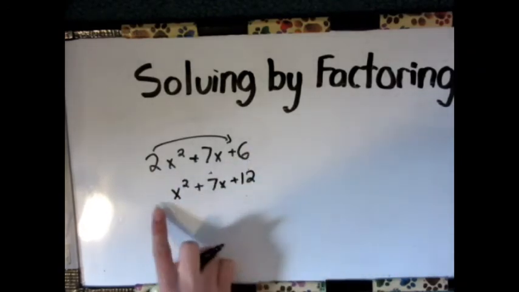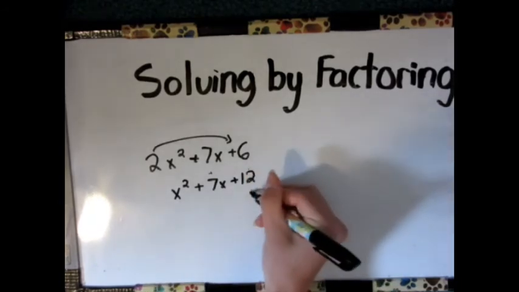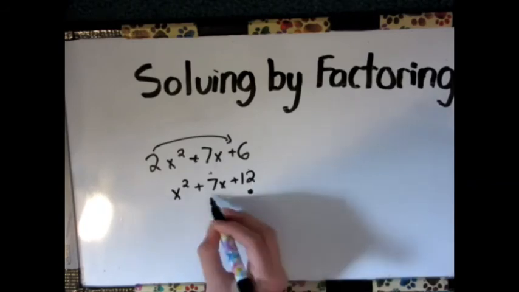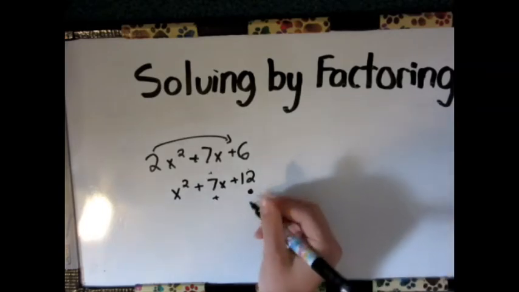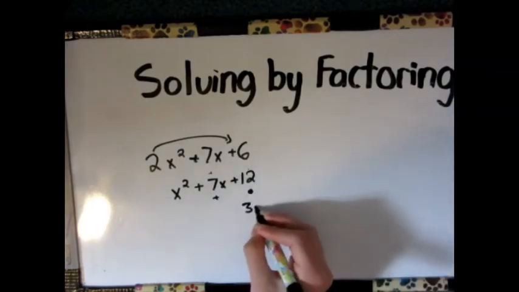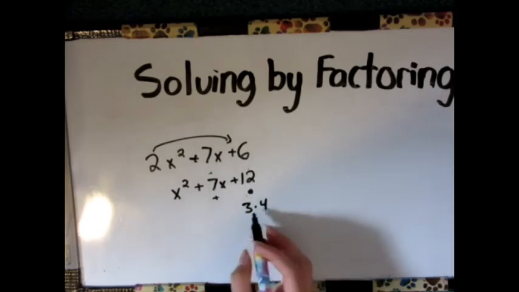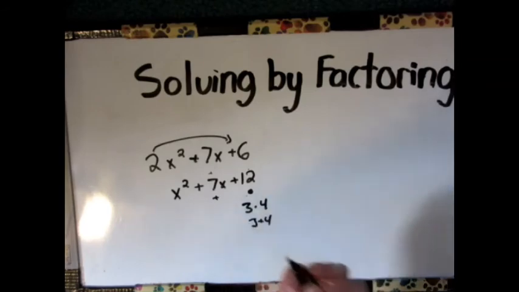That gets rid of that for now and gives you the chance to find two factors that multiply to get 12 and add to get 7. So 3 times 4 gives you 12, and 3 plus 4 gives you 7.